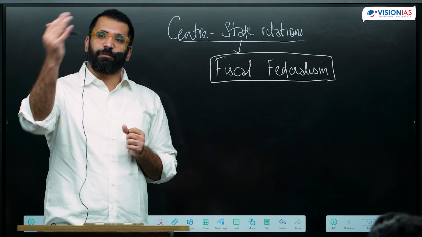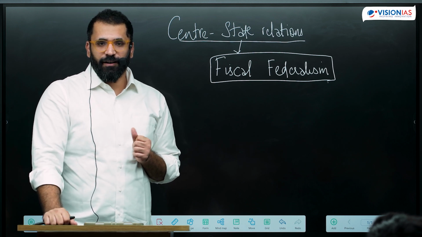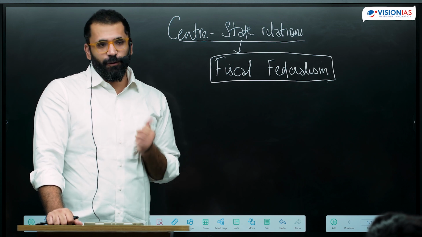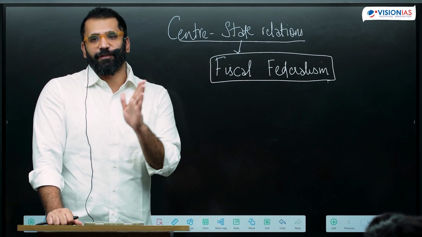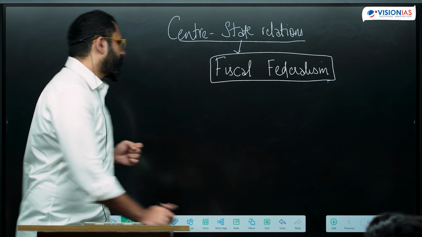Don't you think the state will be more able to do the welfare as compared to the center? Who's closer to the people, center or state? Then who will be able to perform this welfare or developmental function better? This is why we have the 3 tiers now.